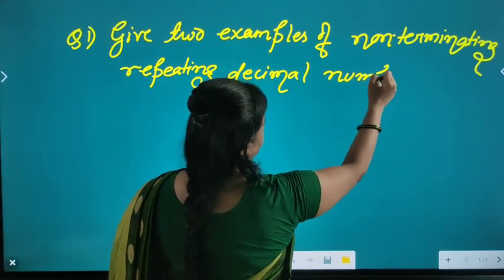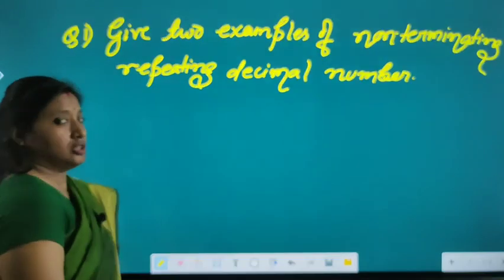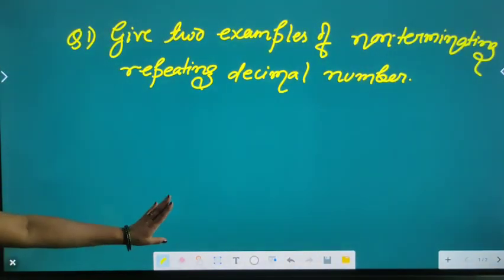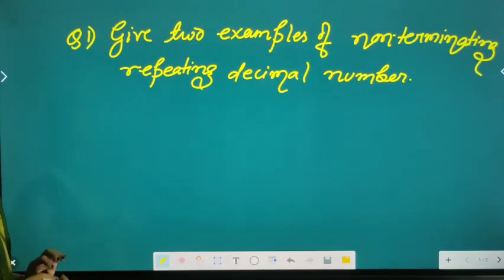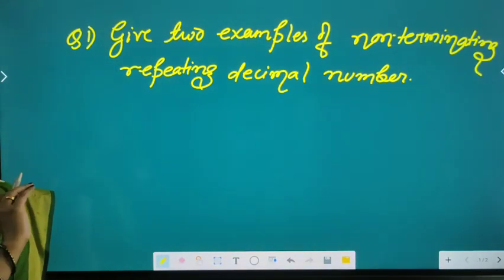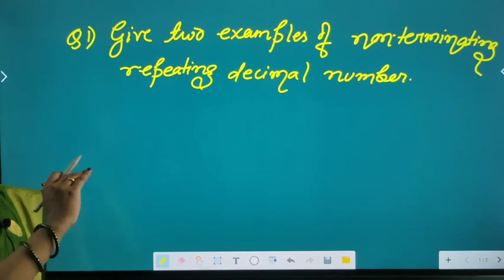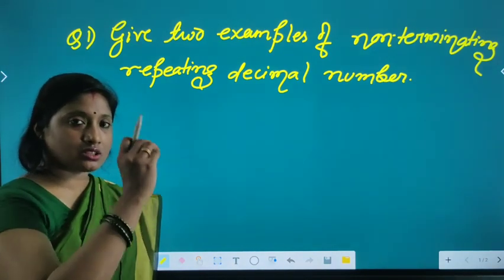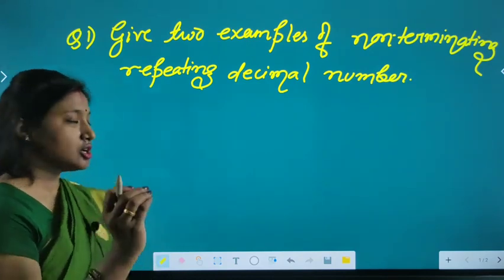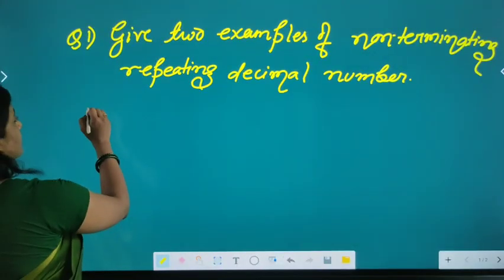You have to give two examples of non-terminating repeating decimal numbers. Non-terminating means that it will not stop, it will continue after decimal, and the second is repeating, that means the digit after decimal will repeat. Any digit.